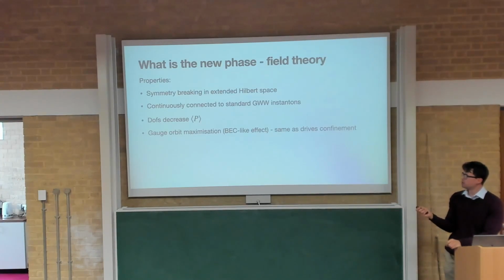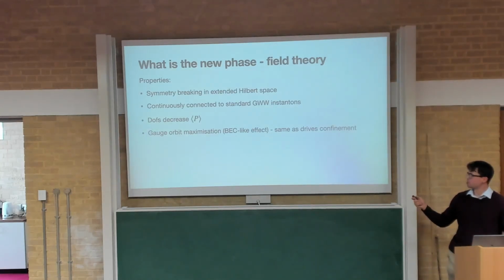We expect that these instantons, whatever they are, would be continuously connected to the Gross-Witten-Wadia instantons, which are the instantons we found in QCD, which seem to appear between the partially and completely deconfined phases. So that would suggest some kind of physical connection between the transition to partial deconfinement and some kind of confining mechanism.